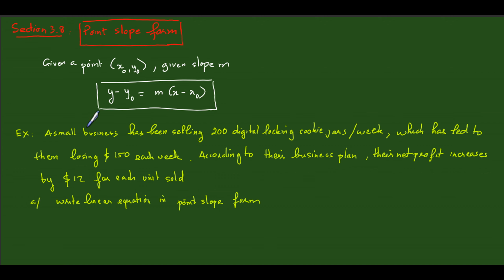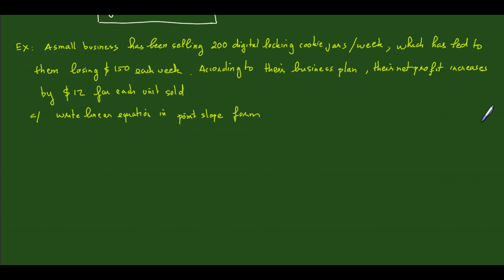So let's do the first question together. You see that in order to write a linear equation in point-slope form, you need to have a point, right? Because this is the formula, y minus y0. So we need to have a point. So let me write out the formula first.